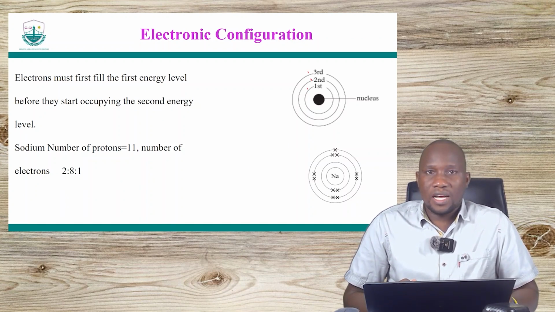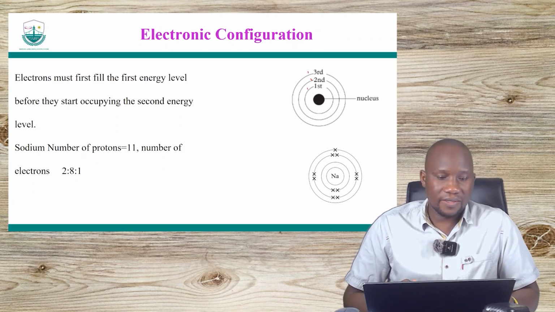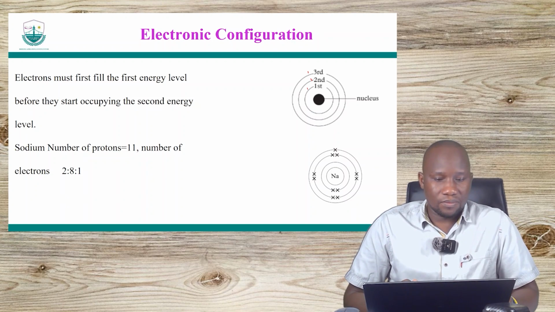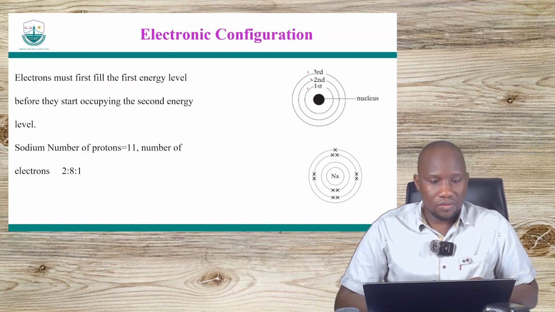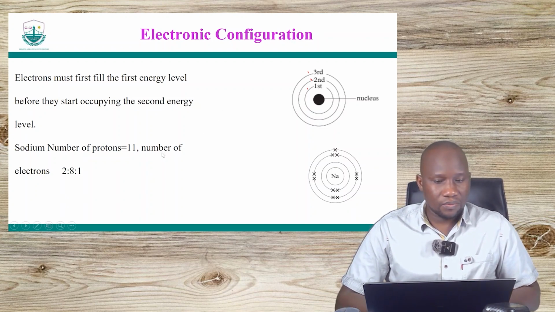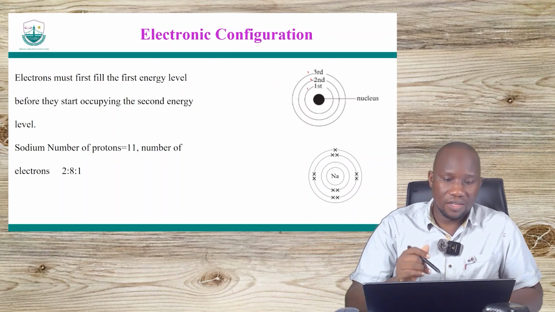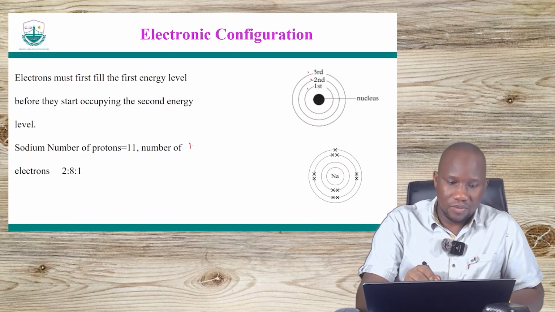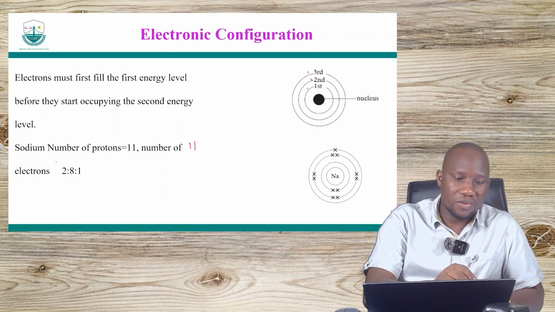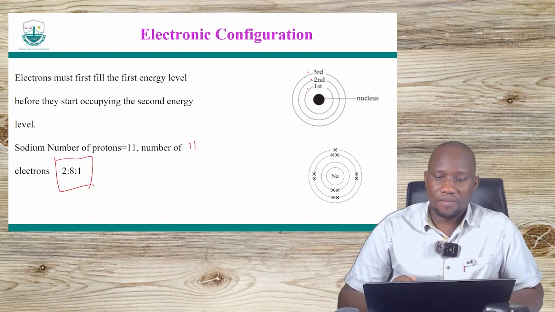So let's look at sodium. Sodium has 11 protons, and therefore the number of electrons is also 11, and the electronic configuration is this.